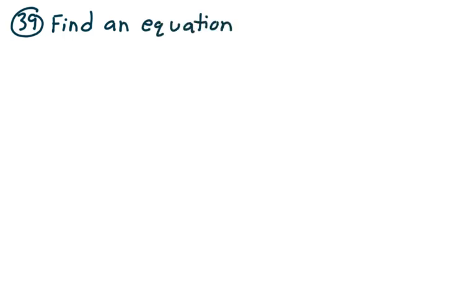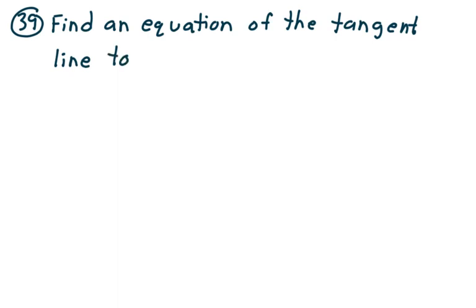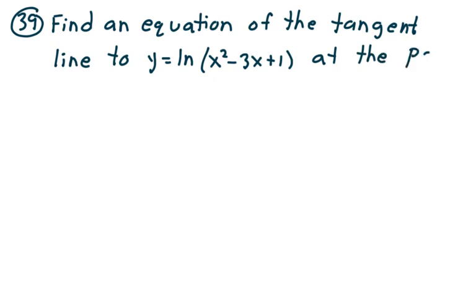I want to finish with problem 39. It says, find an equation of the tangent line to y equals natural log of x squared minus 3x plus 1 at the point (3, 0).